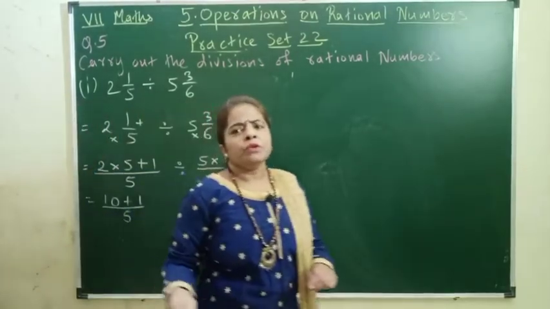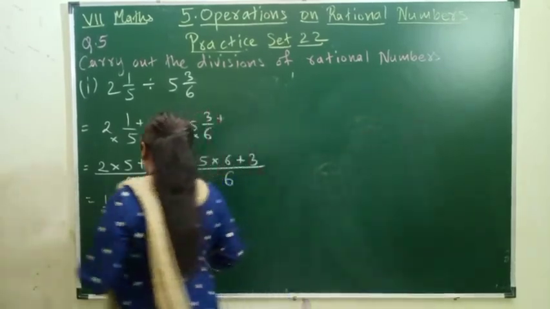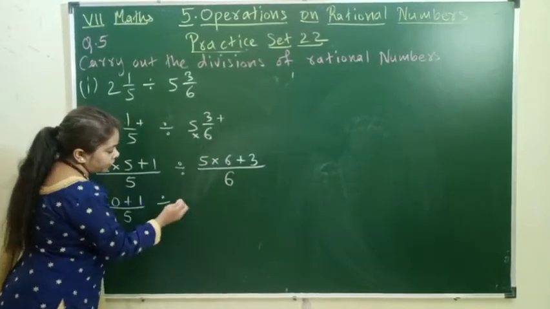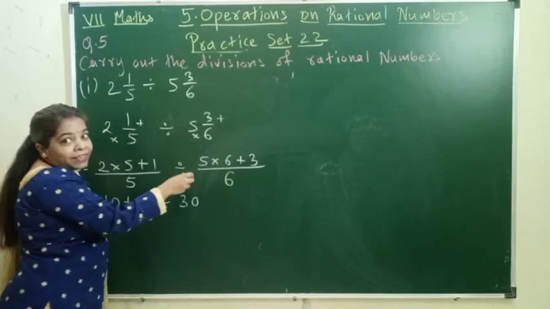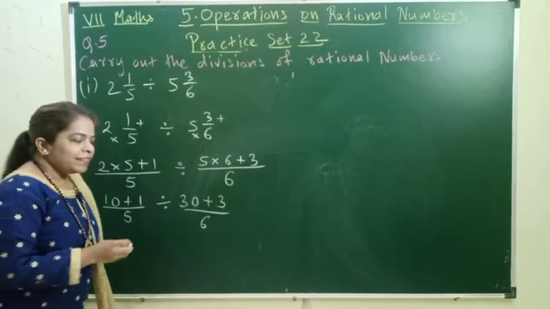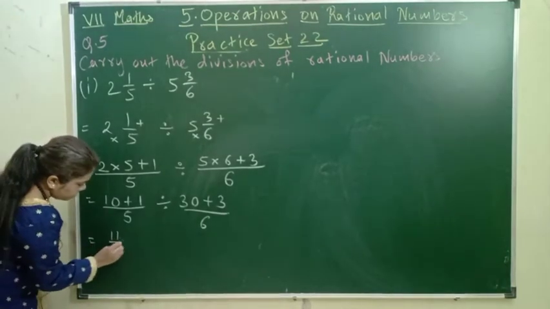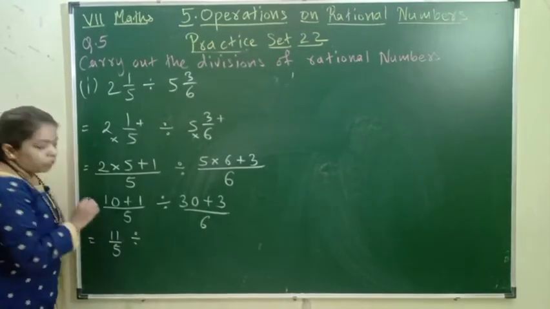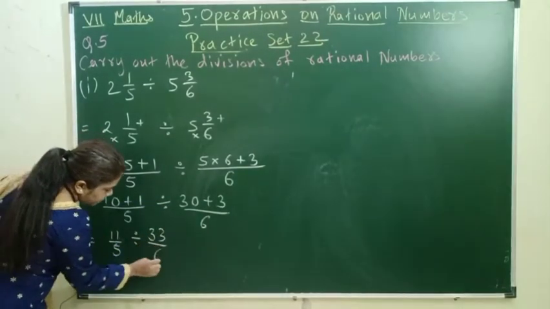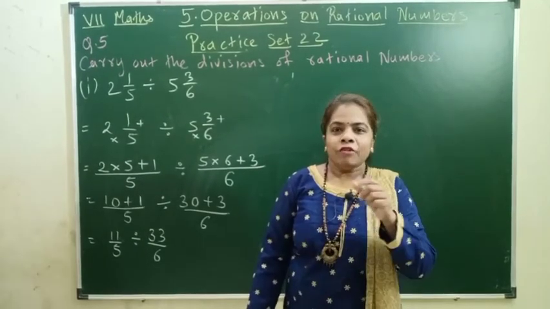You can write 11 also directly, children. There is no problem. Divided by 5 6s are 30 plus 3 upon 6. Now 10 plus 1 is 11, divided by 30 plus 3 is 33 upon 6. So now we have got our sum in a fraction form.